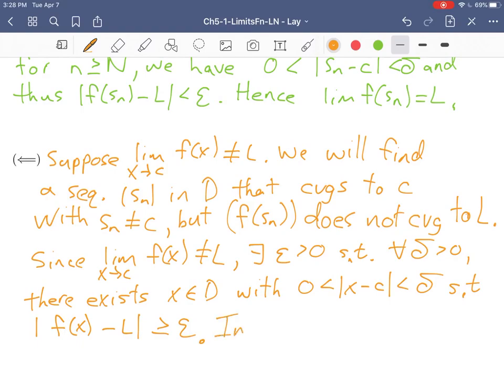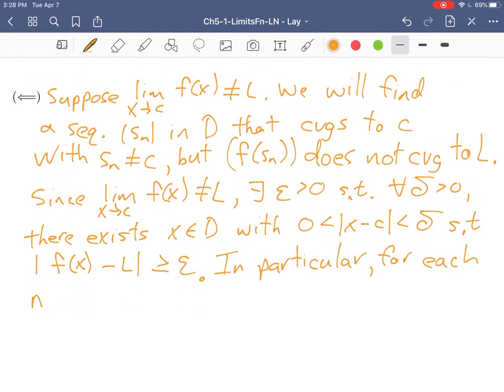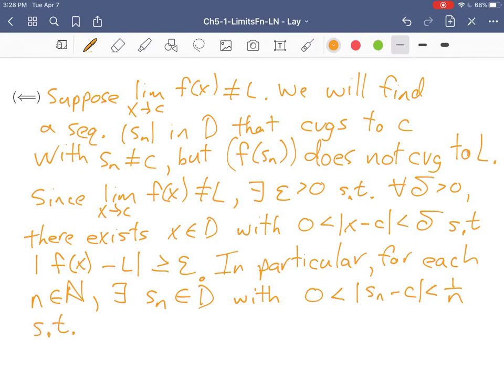So in particular, for each natural number n, there exists S sub n in D with 0 less than the distance between S sub n and C less than 1 over n, so that the function value at S sub n minus the limit is greater than or equal to epsilon.